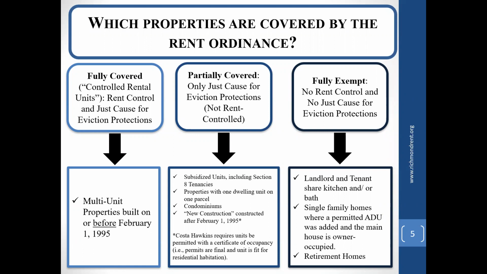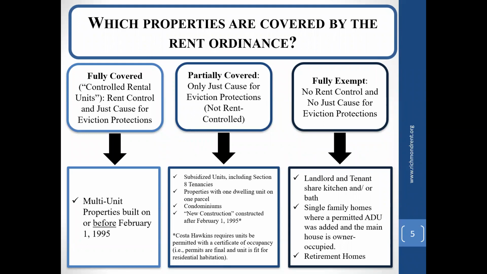The next type of property is partially covered. These properties are under just cause for eviction protections, but not rent regulated. These include subsidized units, including Section 8 and properties exempt under the state's Costa-Hawkins Rental Housing Act.